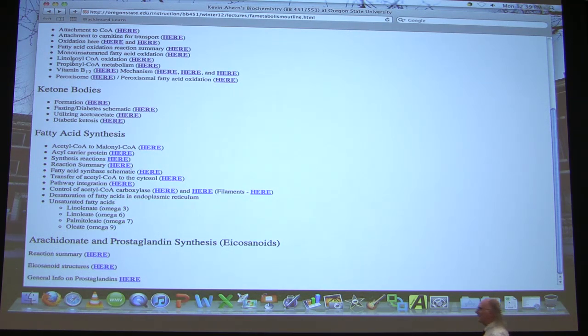Okay, let's move to fatty acid synthesis. So we've broken down fatty acids. We need to know how we make fatty acids. Well, fatty acids, as I said earlier, chemically is very much like the reversal of the oxidation process. We're going to see there are some differences, but chemically, it's pretty much the reversal.